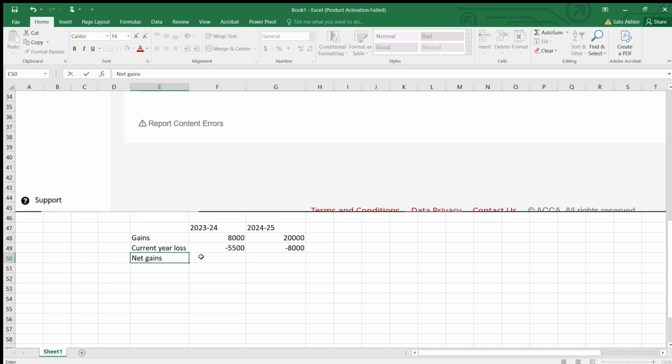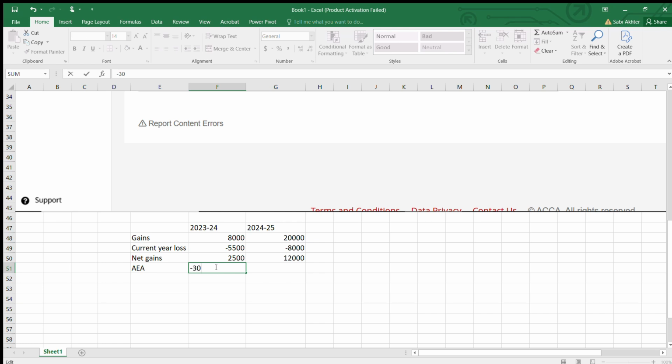Then net gains in year. It's a net gain because your losses are less than your gains. So we'll take the sum function here. Take it to the next cell. Now we'll deduct our annual exempt amount, AEA. Here you can't deduct the entire 3,000. Can you?